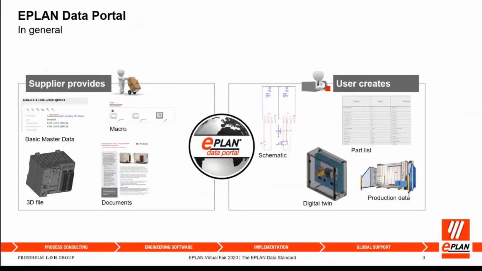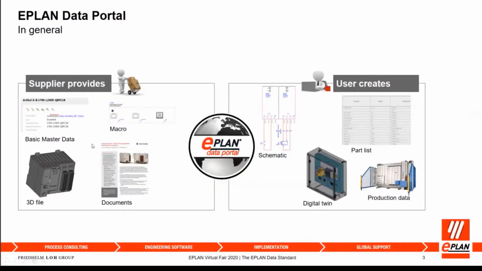As we have already heard a lot about the data portal and the new user in the data portal, let me recap the basic idea of the data portal as it is. The data portal is a platform between the component manufacturers and the users, the ePlan engineers.